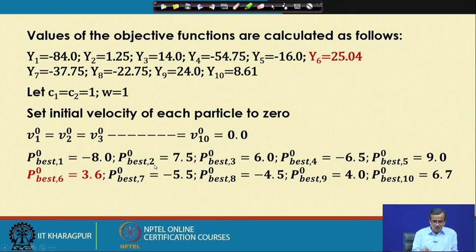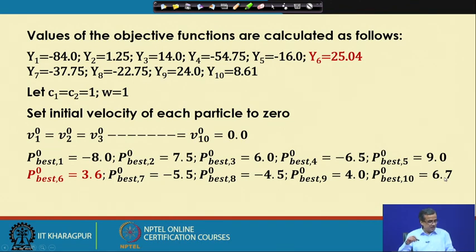Then pbest2(0) is 7.5, pbest3(0) is 6.0, pbest4(0) is -6.5, pbest5(0) is 9.0, pbest6(0) is 3.6, pbest7(0) is -5.5, pbest8(0) is -4.5, pbest9(0) is 4.0, pbest10(0) is 6.7.